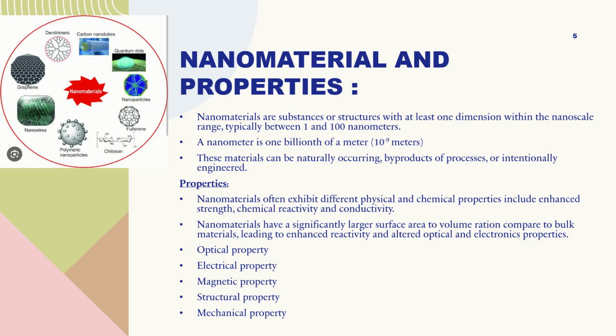For example, an opaque substance at the bulk level becomes transparent at the nano level, like copper. Next, for example, gold. A nanosphere of 50 nanometers of gold looks green, and if the size is 100 nanometers, then the gold will appear orange.